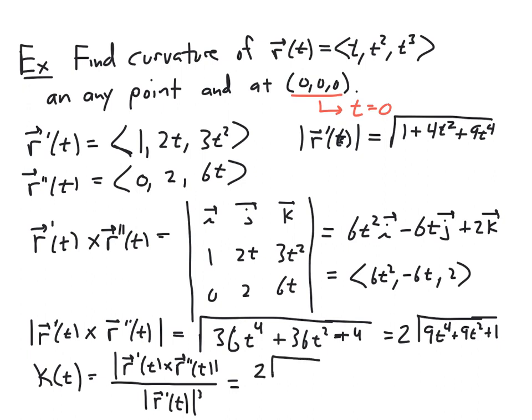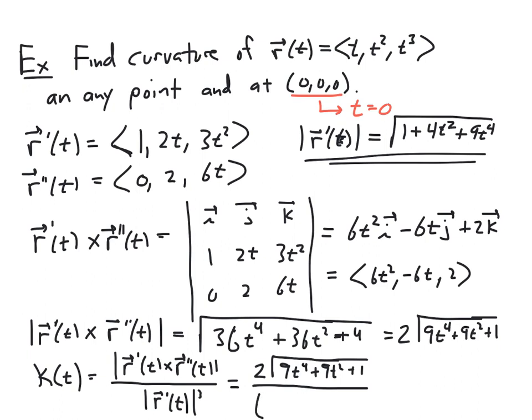So it's going to be 2 times the square root of 9t to the fourth plus 9t squared plus 1, all over our magnitude of our derivative, r prime of t, to the third power. And so that's going to become that quantity inside the square root, 1 plus 4t squared plus 9t to the fourth, to the 3/2 power. Right? Because we have the square root cubed, which is raising it to the 3/2 power. So this is a formula that gives us the curvature of our curve at any point t.